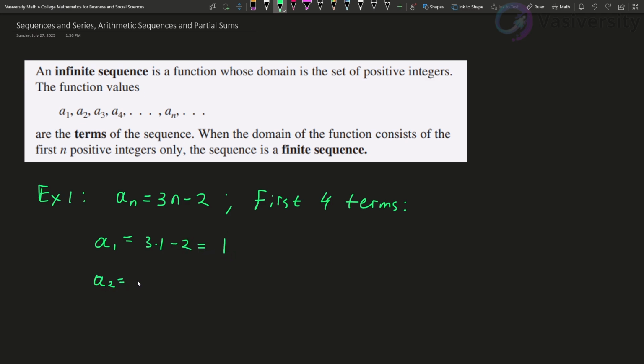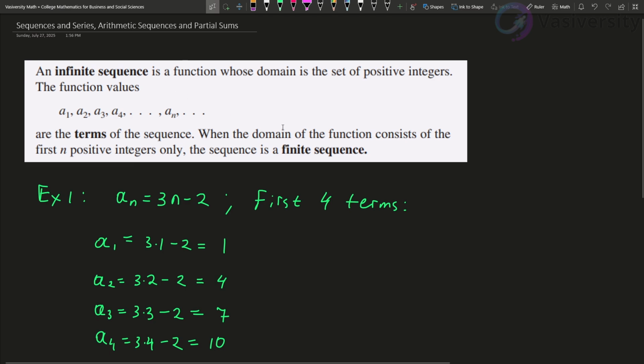Then a sub 2 is 3 times 2 minus 2, which is equal to 4. A sub 3 is 3 times 3 minus 2, which is equal to 7. And then a sub 4 is 3 times 4 minus 2, which is equal to 10. So these are the first four terms of this sequence.